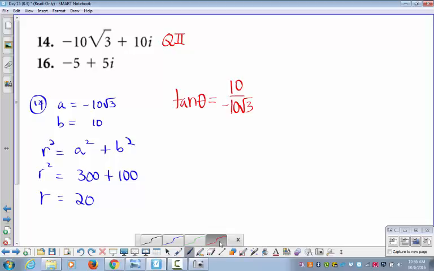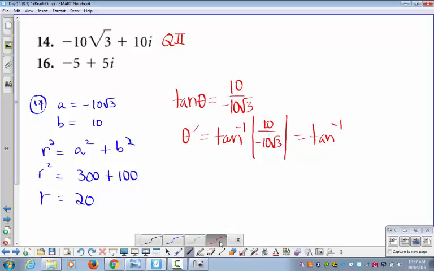Now, inverse tangent gives you an angle on the right side of the circle, not an angle in quadrant 2, so we would have to use a reference angle. And the reference angle is the inverse trig function of the absolute value of the right-hand side.